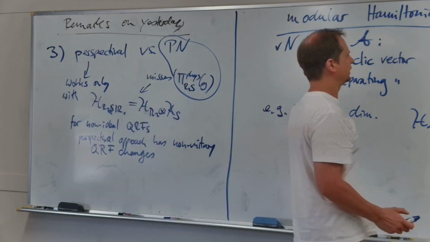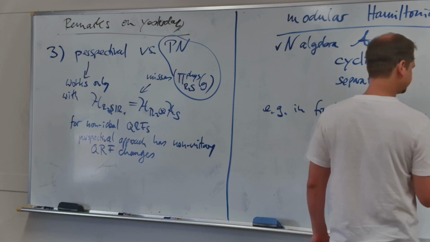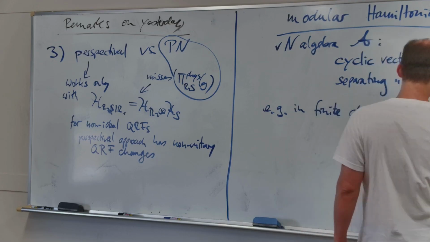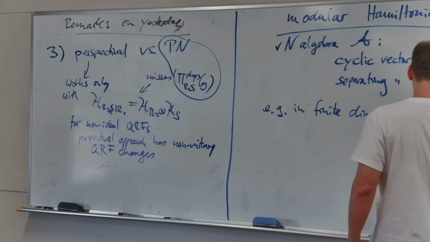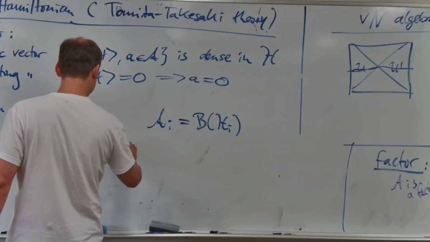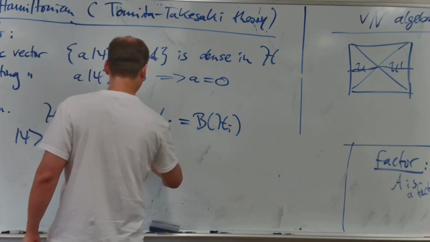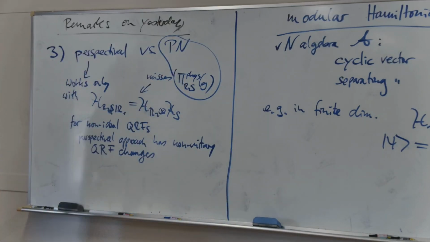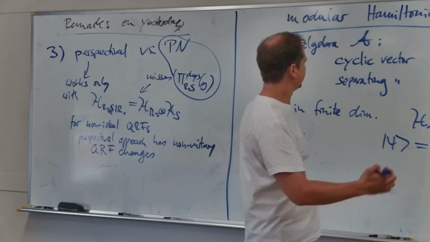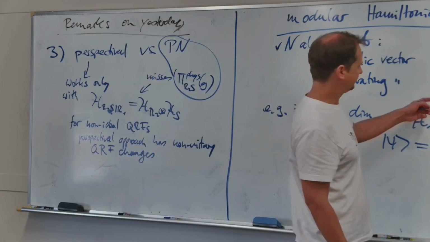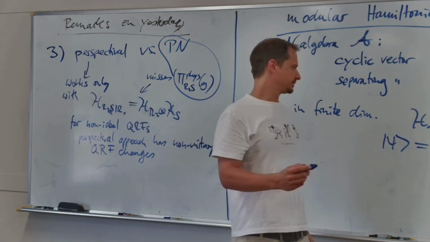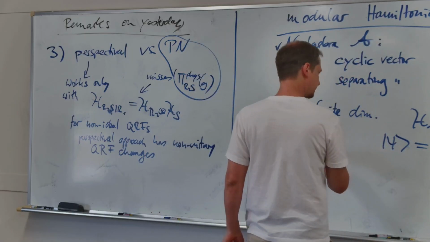And now we can ask, what does it take for this? So now we can have some state ψ, and you can write it as a sum over some bases, with coefficients c_{i1,i2} times |i1⟩|i2⟩, where i1, i2 label bases in these 2 Hilbert spaces. Now we can ask, what does it actually require for the state to be separating, for instance?